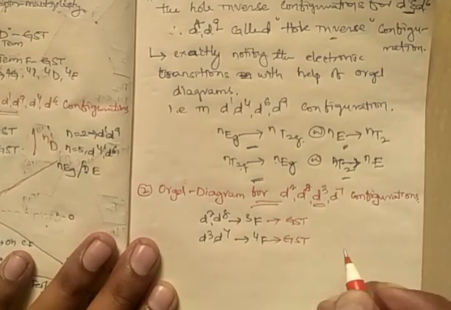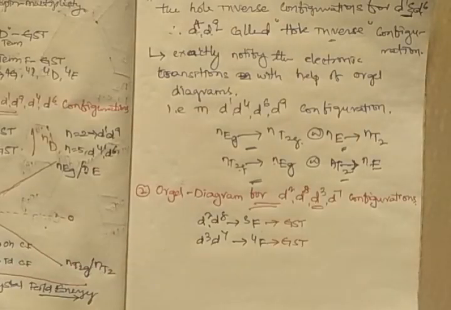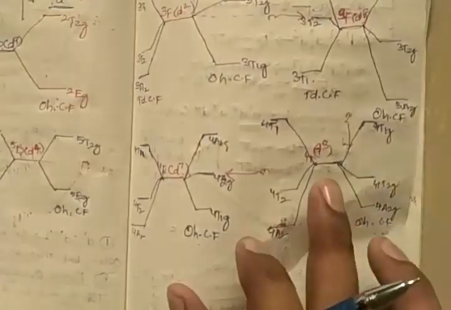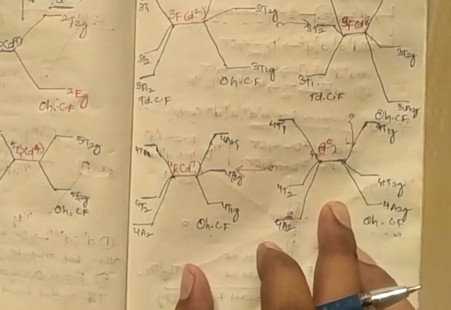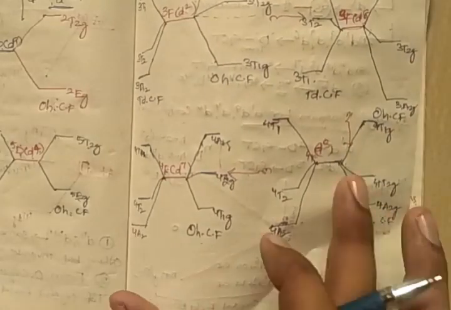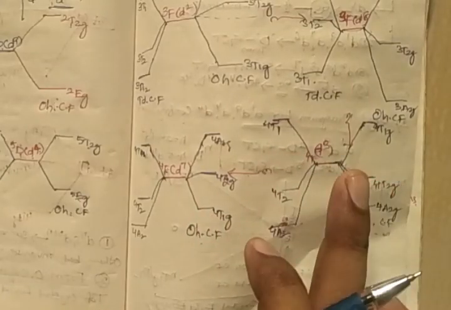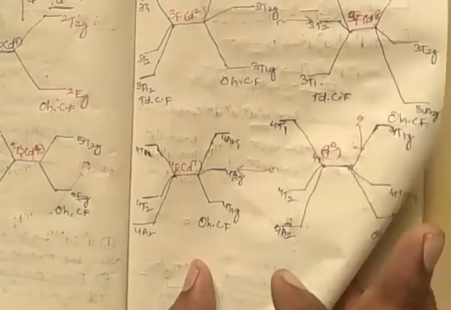These ground state terms are influenced by the crystal field effect. There are 8 pictorial diagrams, and now we can summarize them into one single Orgel diagram.